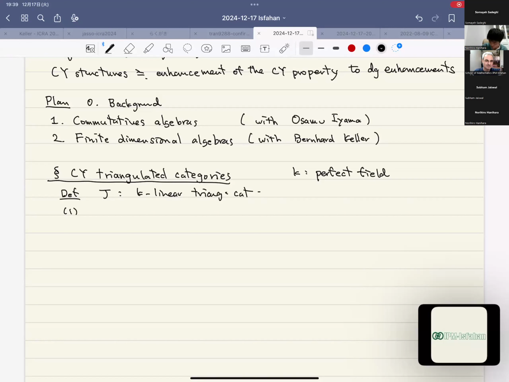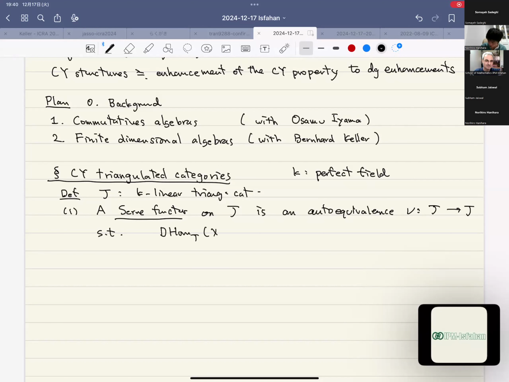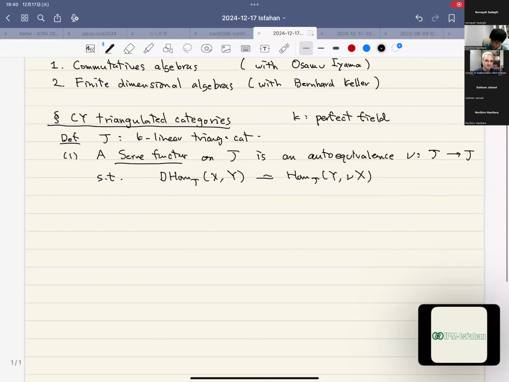First of all, the Serre functor on a triangulated category T is an autoequivalence, denoted by nu on this category T, such that we have the Serre duality, namely the duality between the Hom spaces from X to Y and from Y to nu X in a functorial way.